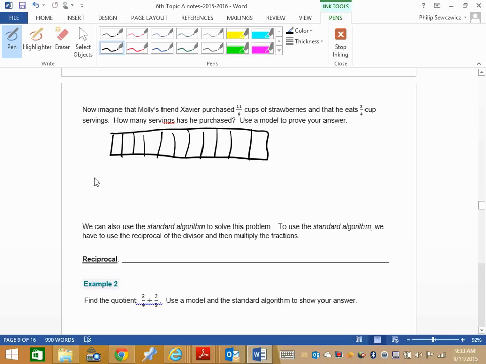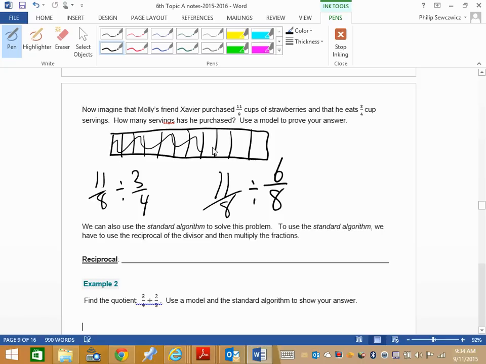So I'm doing 11/8 divided by 3/4. I can't do groups, since each of these is worth 1/8, so I need my 3/4 to be out of 8s. What do you do to 4 to get to 8? It does need to be multiplication: you multiply it by 2. So 3 times 2 is 6. The real problem we're doing here is 11/8 divided by 6/8.